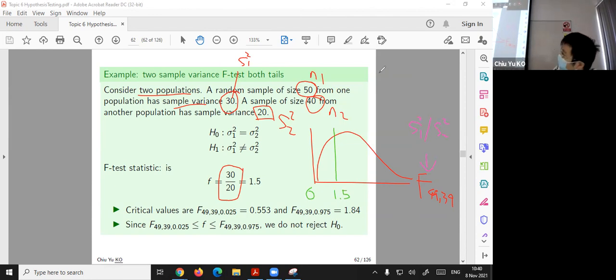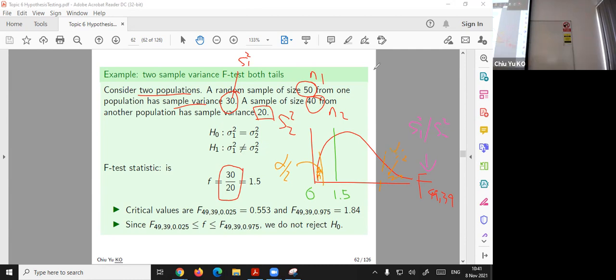Now what we want to ask is whether the 5% on both sides is going to be there. Although it's asymmetric, we still do the same thing: look at alpha over 2 and see if they are the same or not.